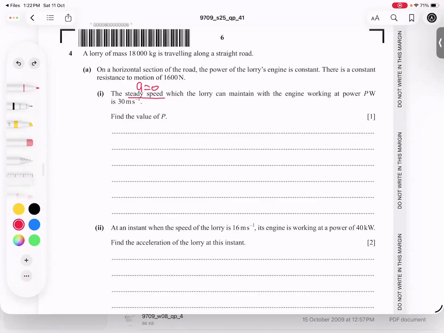So what is the basic formula we use? Net force is equal to MA. Applied force minus frictional force is equal to MA. But the power formula is FV as well. If I bring this V down, I get power P by V. And acceleration, you know very well, is 0.